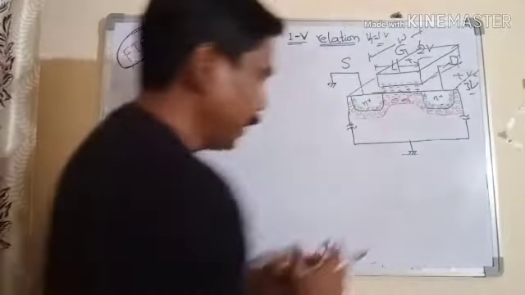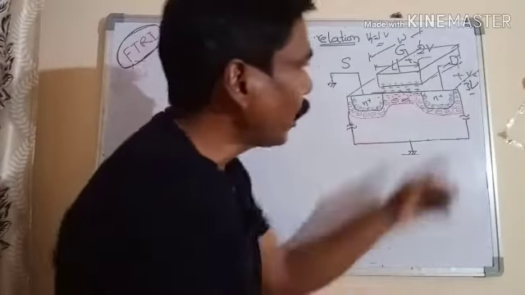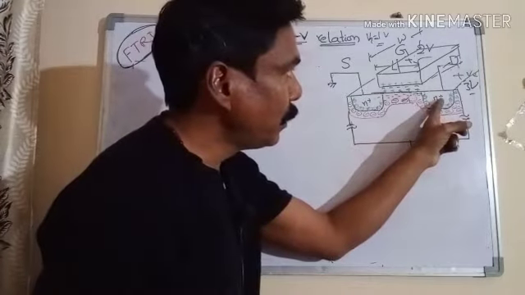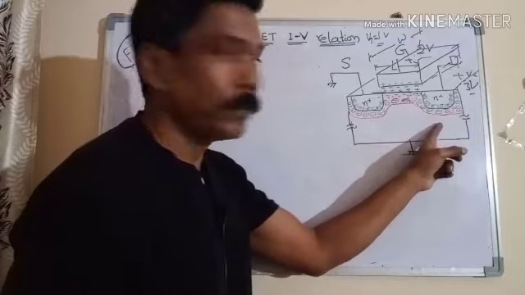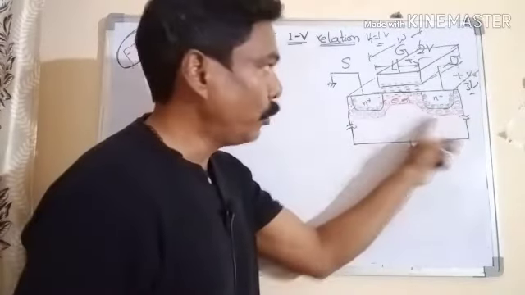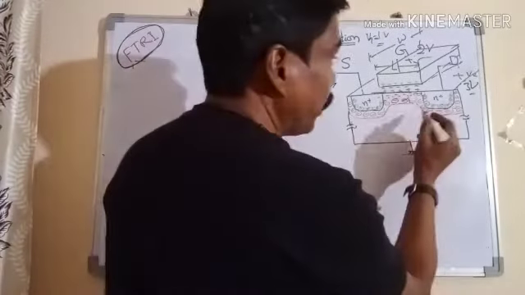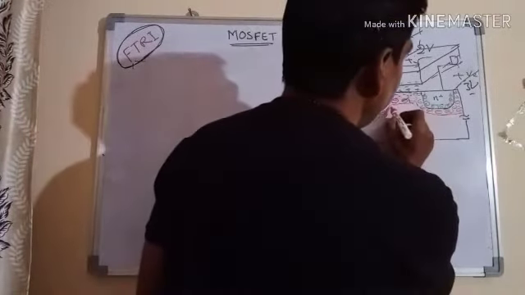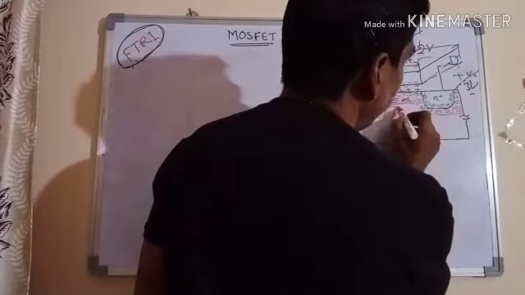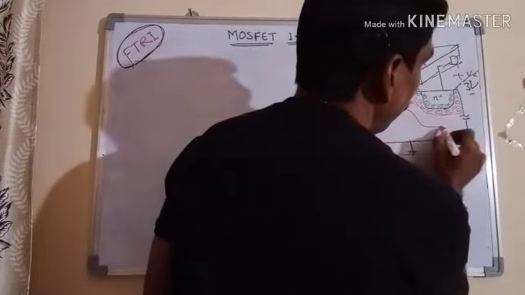Similarly, the voltage across the drain to body junction is more here, 3 volts, and source to body is only 0. So the depletion layer thickness also will be changing. It will be more on the drain side.